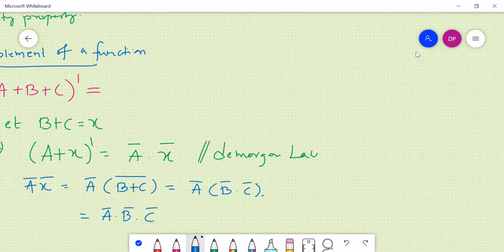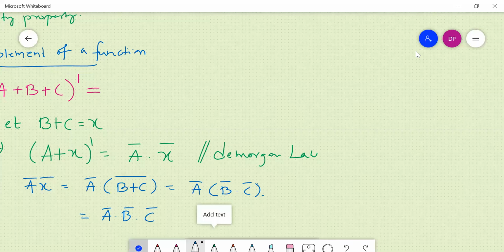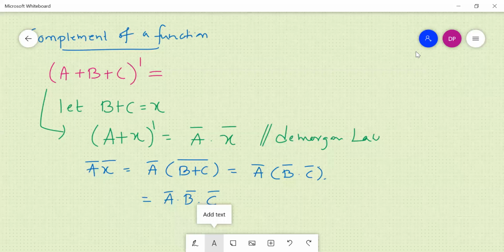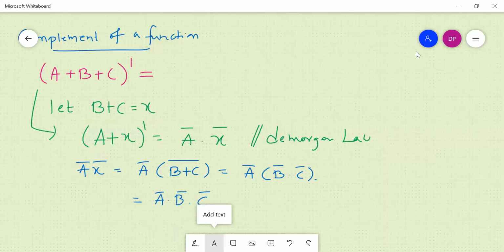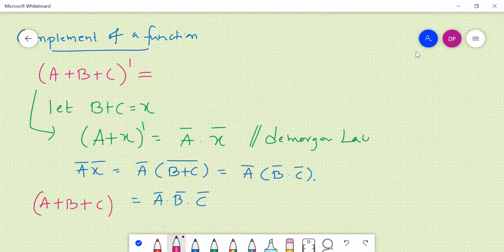Let me write the LHS over here. A plus b plus c whole complement can be written as a complement and with b complement and with c complement. This is also a useful result.